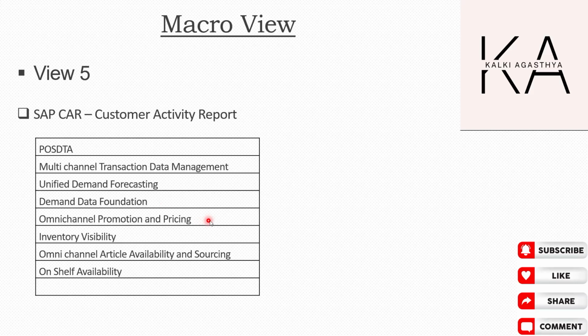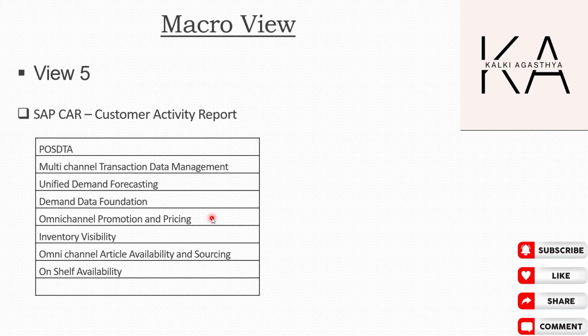Now coming to the omni-channel pricing and promotion, it is one of the key components or features which the customer activity repository, or SAP CAR solution, provides to the retailers. It enables retailers to manage and optimize pricing and promotion across multiple channels such as in-store, online and mobile transactions, right?